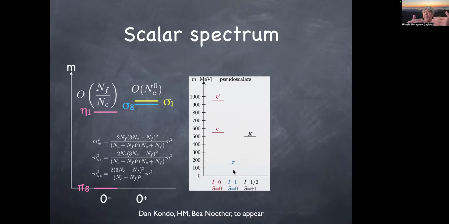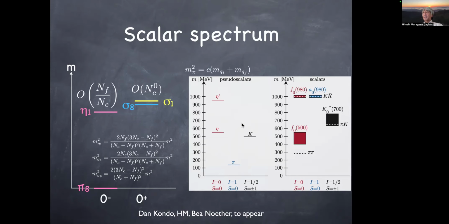So they become heavier as the square root of the quark masses. And the pion is the lightest. Kaon is the next because of the strange quark in it. Eta is the heaviest among the Goldstone bosons. And eta prime already acquired a mass from the anomaly. So the pion mass squared goes linearly with quark masses.